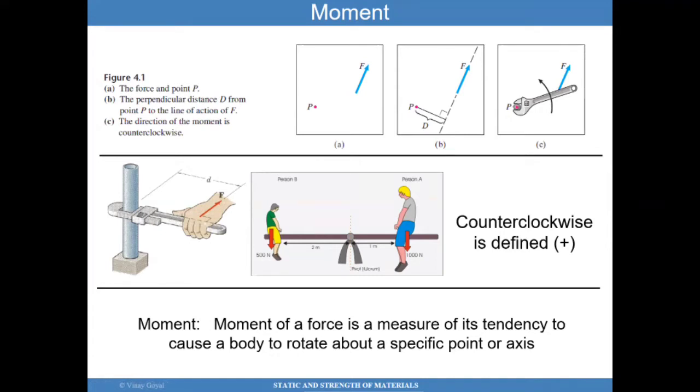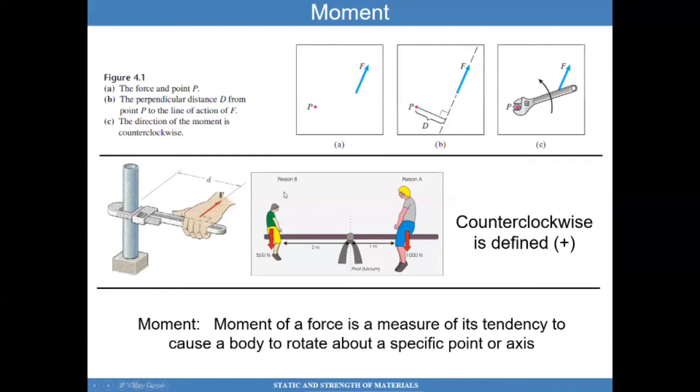In the second example, we also see the situation of a wrench, about an axis in this case. The wrench is applied about an axis, but it will also cause a moment about this axis along this tube. Here's another example of moments acting about an axis.